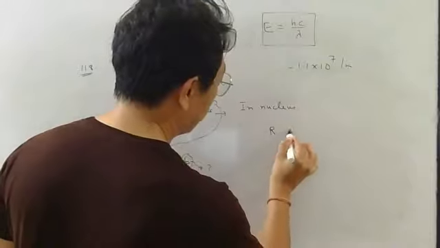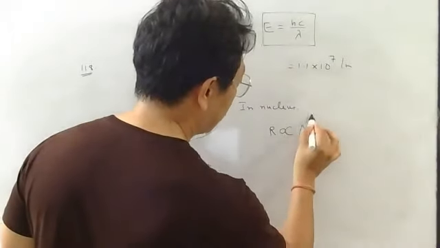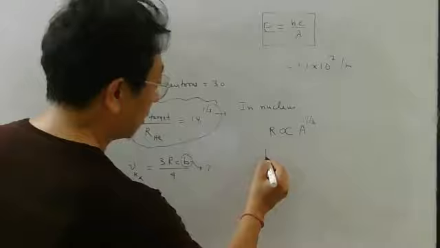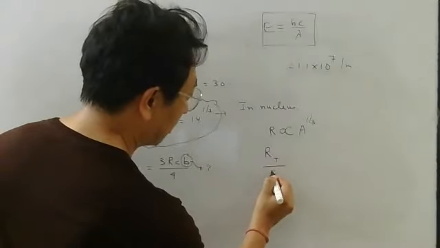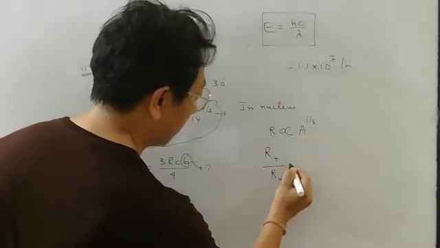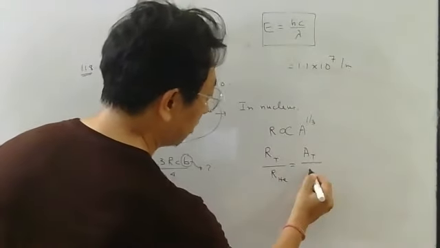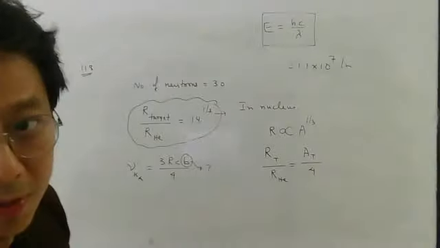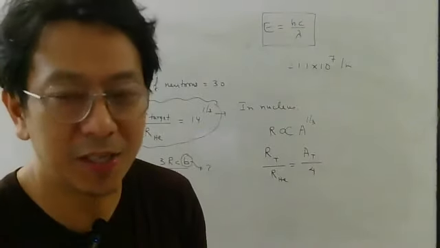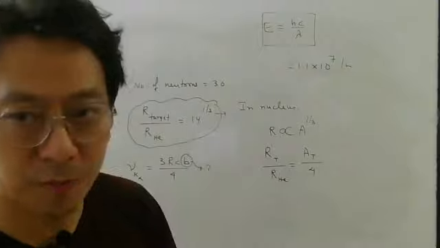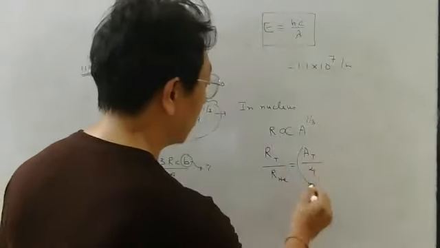The radius of nucleus is proportional to mass number power 1 by 3. So the radius of target divided by radius of helium will be equal to mass number of target by mass number of helium, which is 4, power 1 by 3.